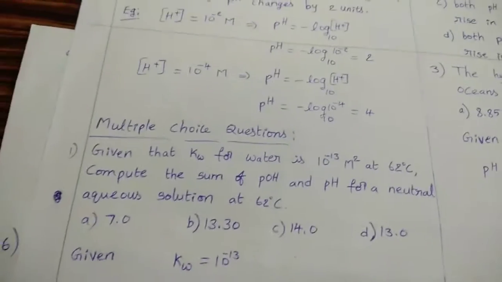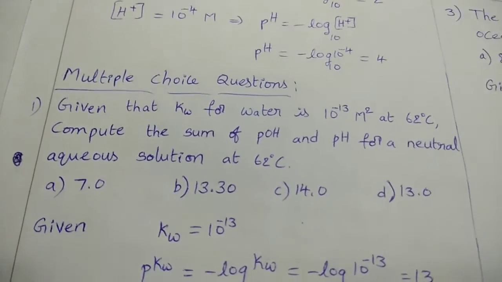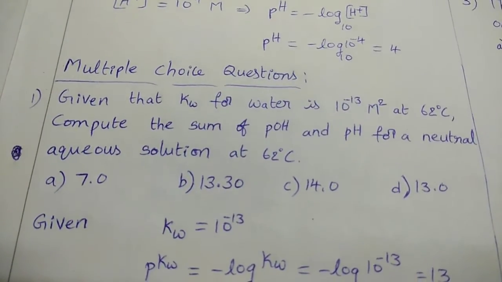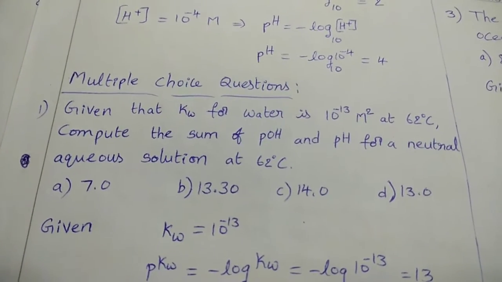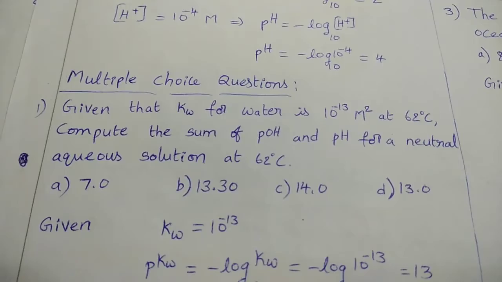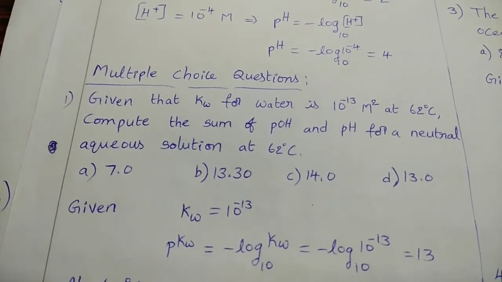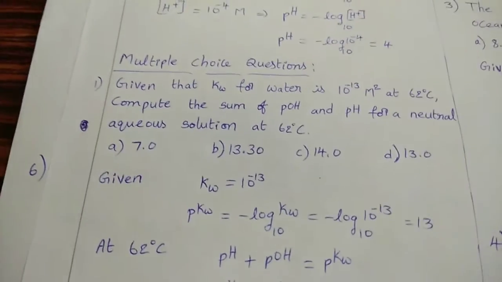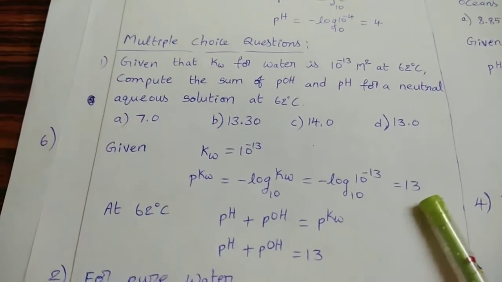See the first question. Given that Kw for water is 10 power minus 13 moles square at 62 degrees Celsius, compute the sum of pOH and pH for a neutral aqueous solution at 62 degrees Celsius. Given Kw value, from this pKw we calculated, that is 13.